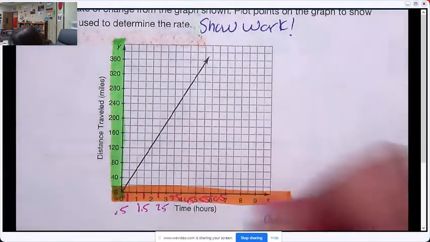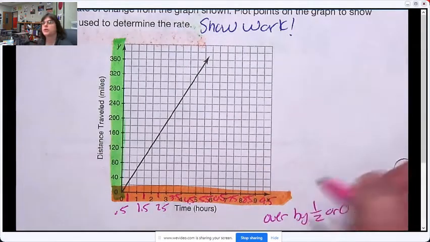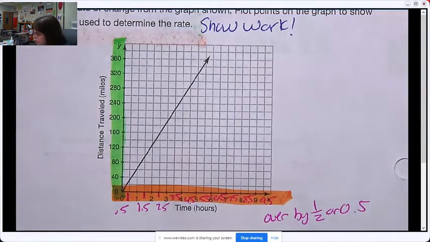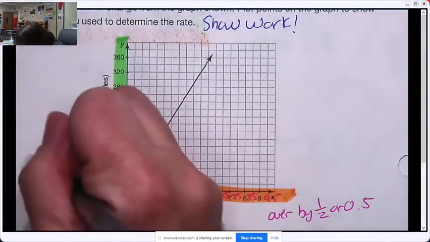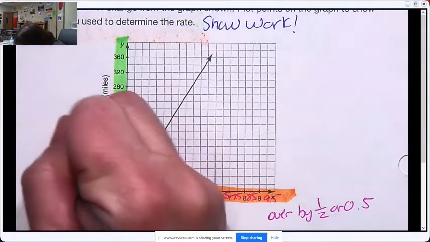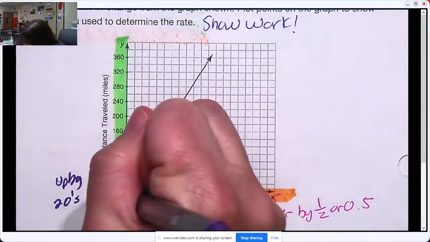And then I'm just going to fill in a little bit. I don't have to go all the way across. Just want to make sure we got it. And then I have to figure out what I'm going up by. So there's a space here. So I can come over and see that this is going up by 20s. So I can see this would be 0, 20, 40.